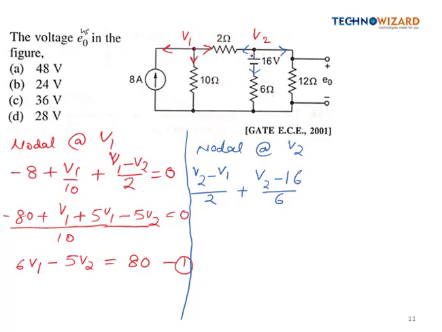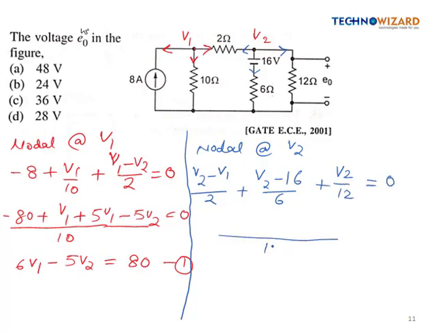Here minus 16 because the nodal current we have marked like this, but this 16 volt will deliver the current in the upward direction. So both the currents are in opposite directions. That's why it will be minus 16 divided by 6, and plus V2 by 12. That will be equal to 0.